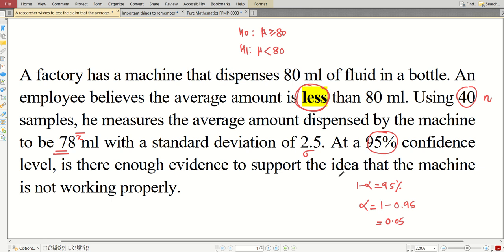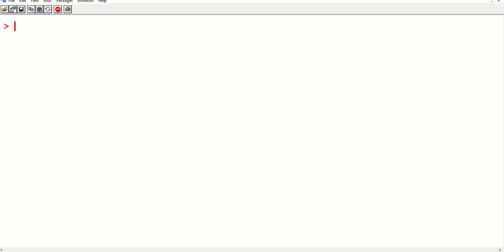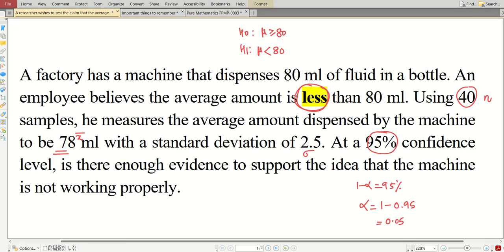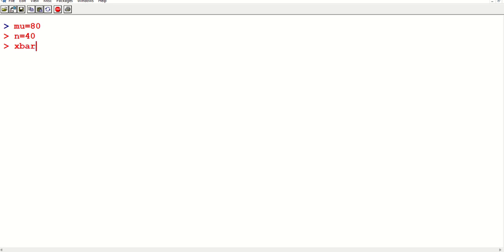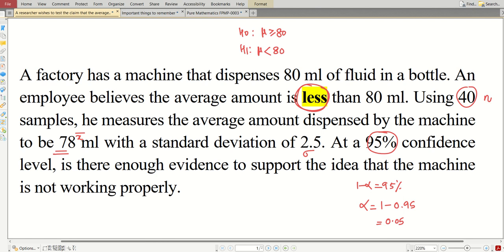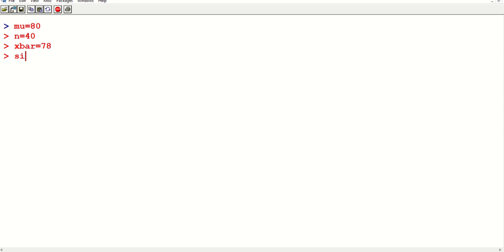So we need to test the hypothesis. So what we are going to do? Here we are going to write mu is equal to 80, n is equal to 40, x bar is equal to 78, sigma is 2.5, and alpha is equal to 0.05.